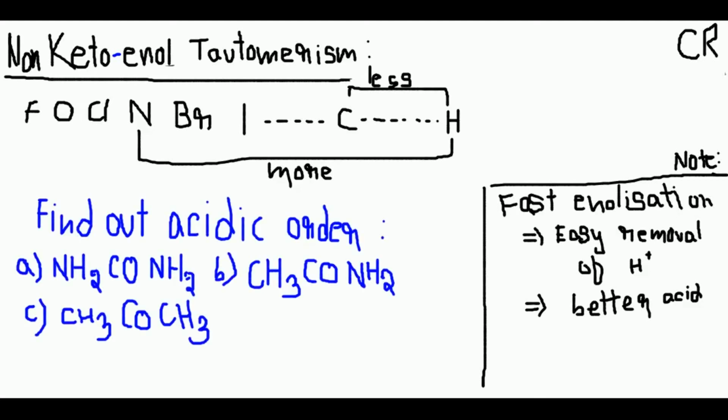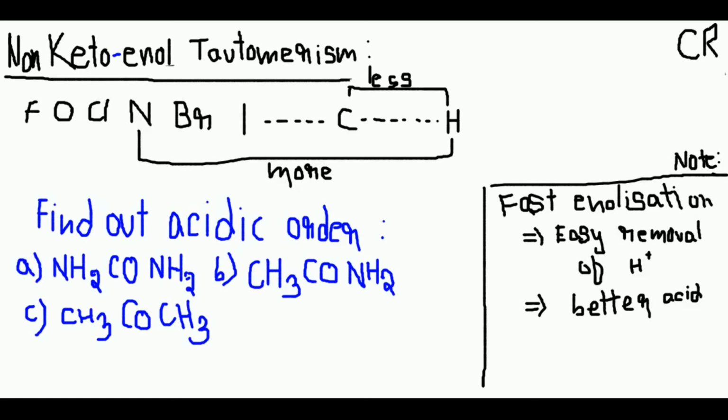Now in this question you have to find out the acid order. Remember this, the more electronegative, the easier it is to remove H plus. So in A, you have 2 NH2, that is 2 nitrogen with H2. So in this, removal of H plus is more favored. Whereas coming to B, you have 1 NH2, it is a little less favored.